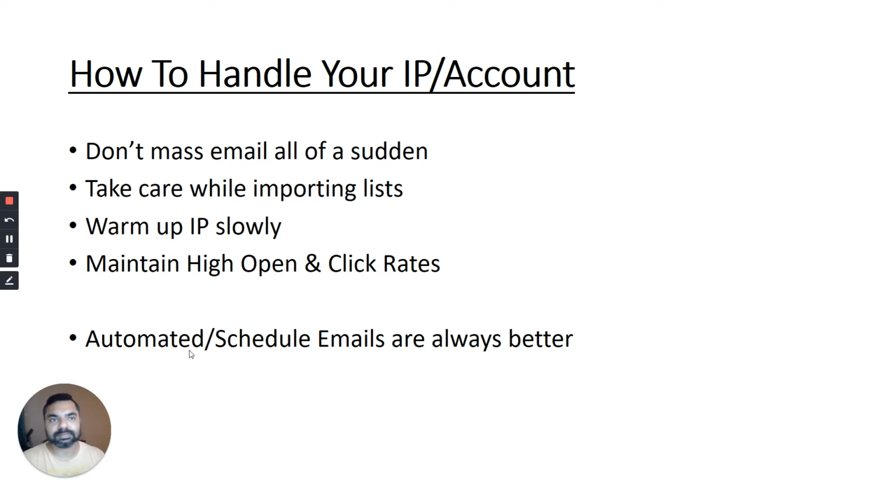So that is always better. Stick to that as much as possible, as long as you're not suddenly sending a few hundred emails per day and then jumping to several thousand emails per day. That's not good. Just slowly increase the amount of emails you're sending.